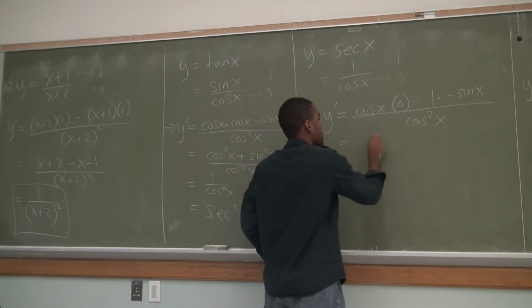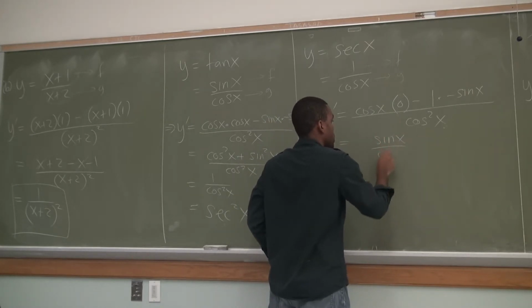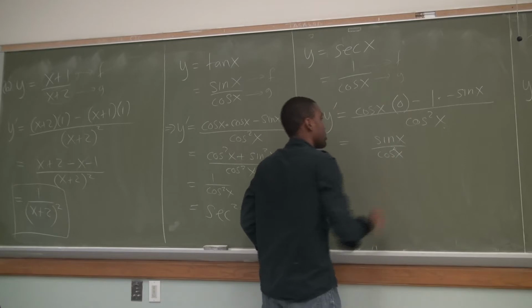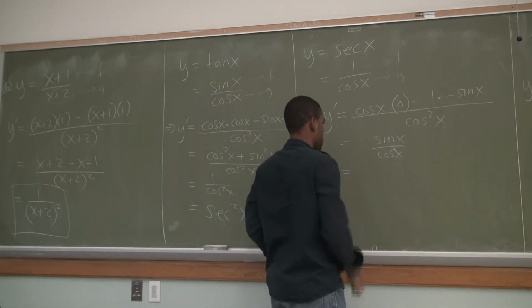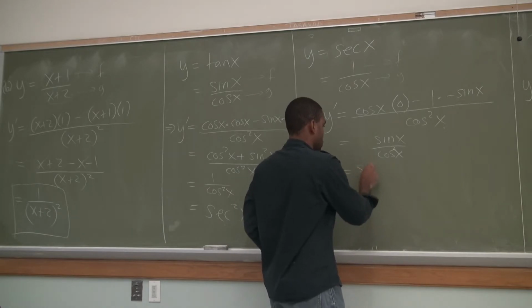This means you would have sine x over cosine x squared. Can I rewrite that? Yeah. That's sine x over cosine x times 1 over cosine x.